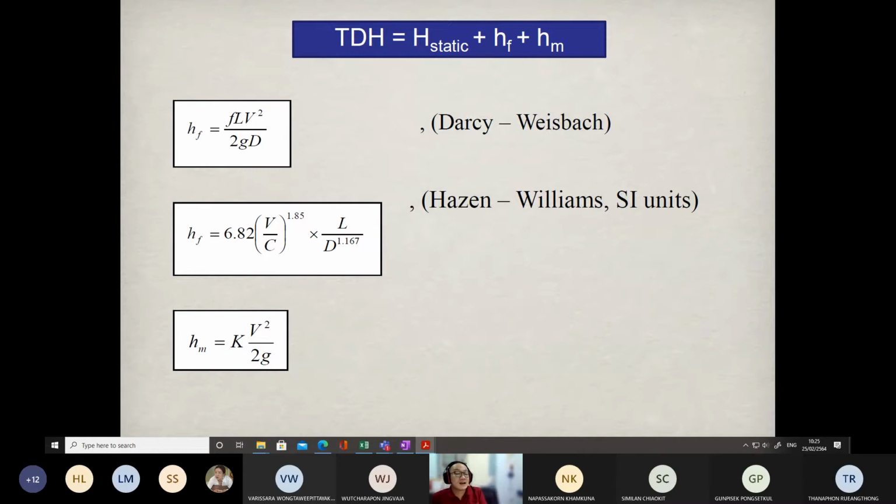But C in this equation is the roughness coefficient. But this roughness coefficient is fixed. It's fixed depending on the type of material used to make the pipe.